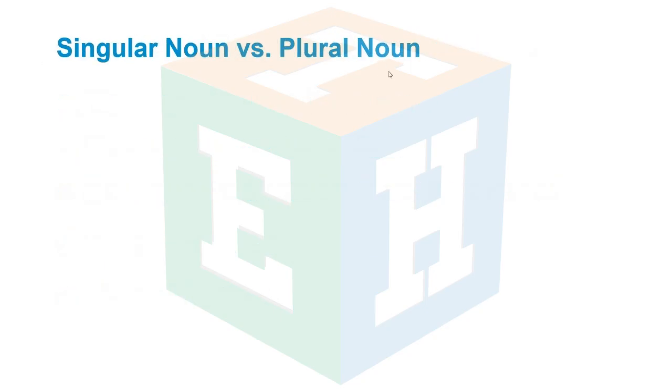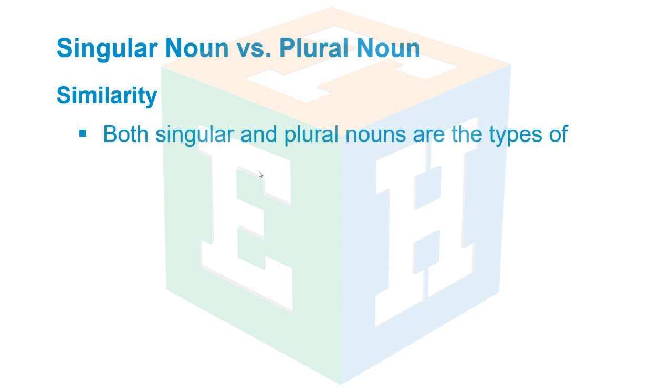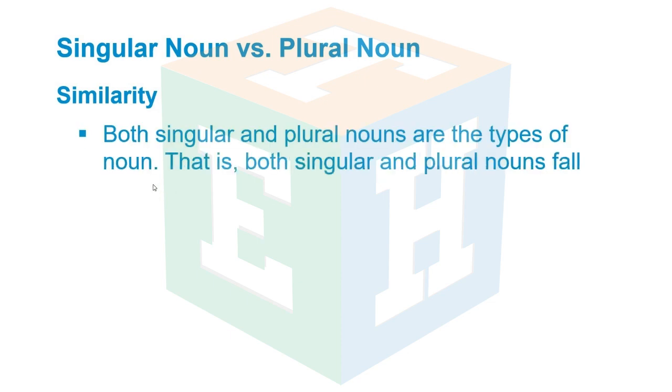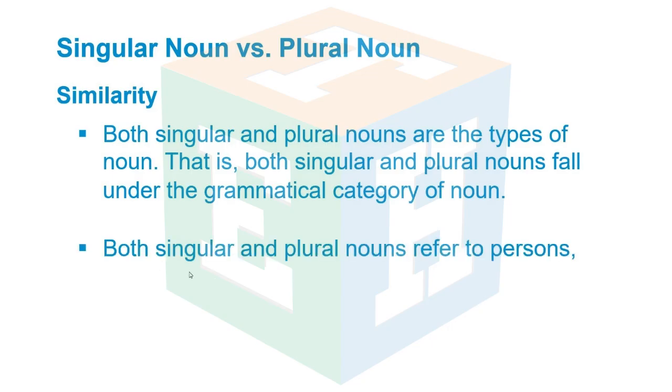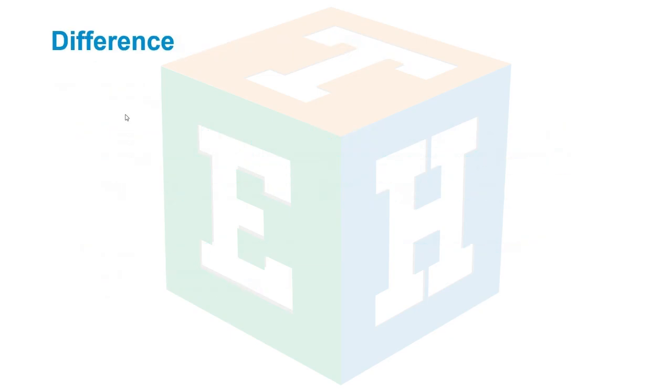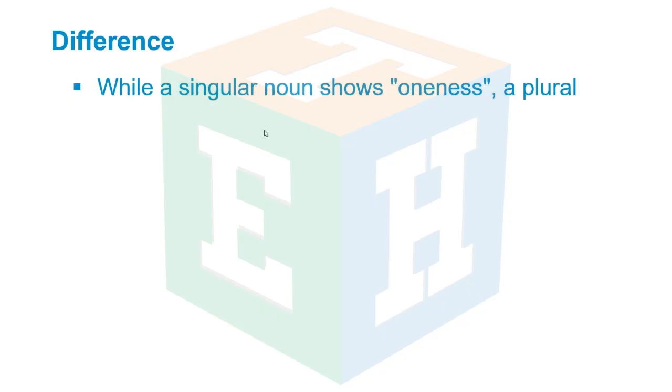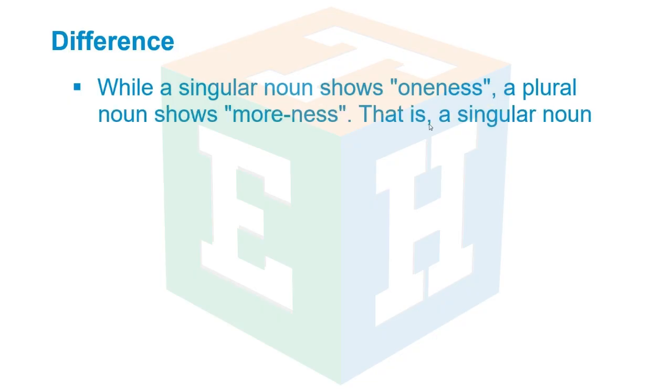Singular noun versus plural noun. Similarity: both singular and plural nouns are types of noun. That is, both fall under the grammatical category of noun. Both refer to persons, places, things, or ideas. Difference: while a singular noun shows oneness, a plural noun shows moreness.